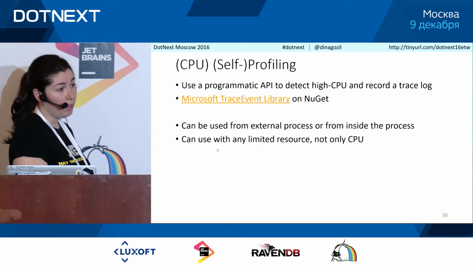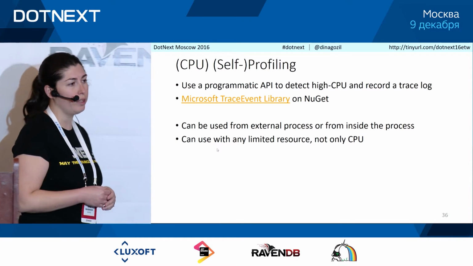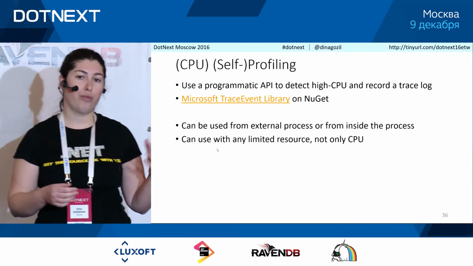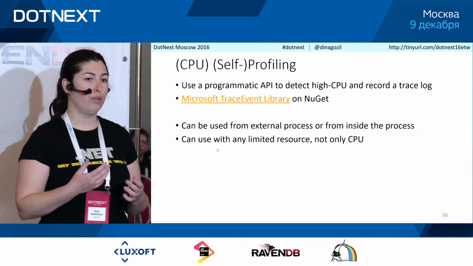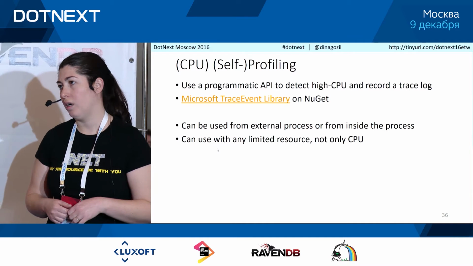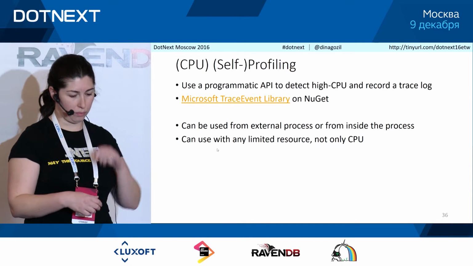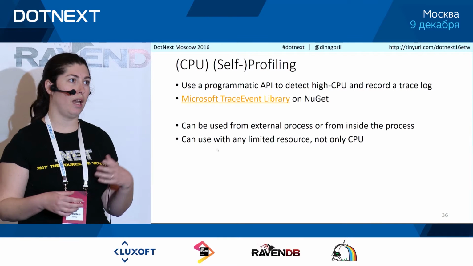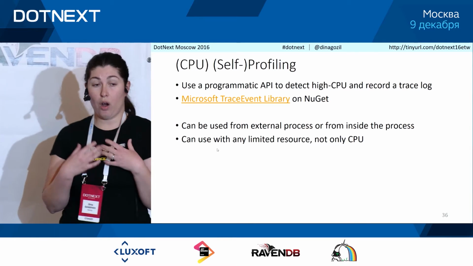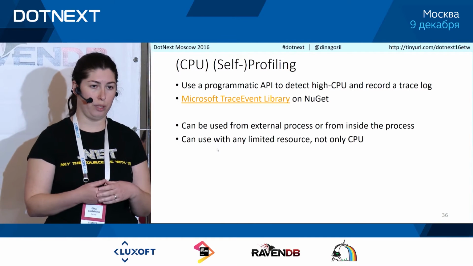For example, one thing you could do with it is profile your own application for using too much CPU. I could detect, using, say, performance counters, that my own application is using too much CPU.